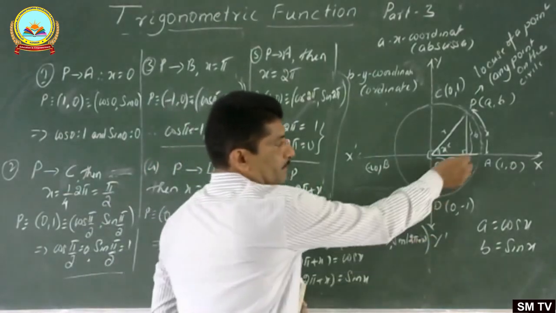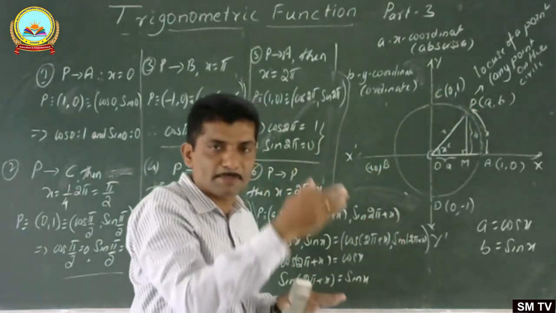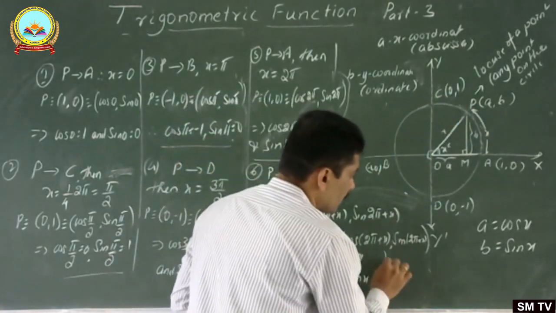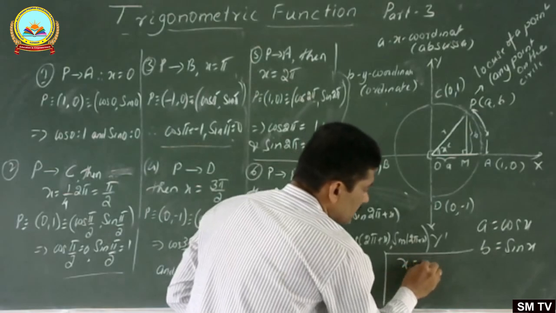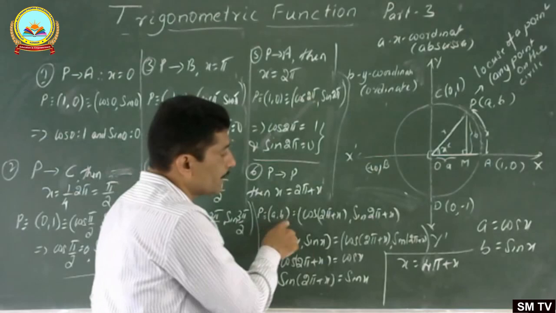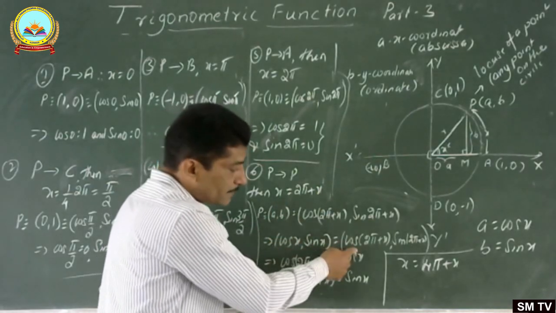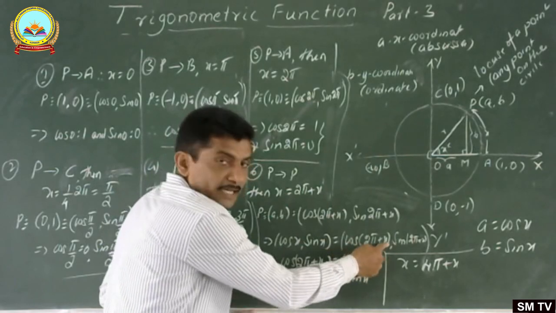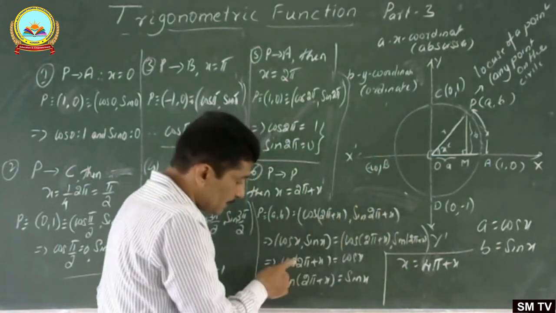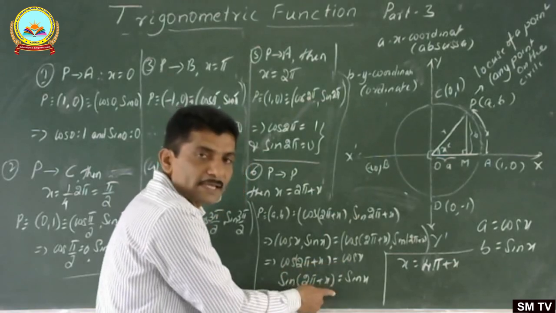After two complete rotations, P comes back to the same position. P coincides with P means the value of x is 4 pi plus x. Then the coordinate of P is A comma B, where A means cos x and B means sin x. This is equal to cos of 4 pi plus x, sin of 4 pi plus x. It means cos of 4 pi plus x is equal to cos x and sin of 4 pi plus x is equal to sin x.